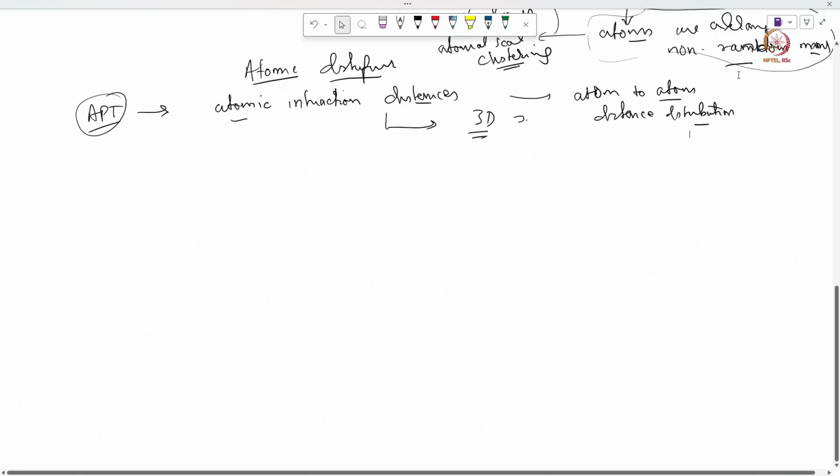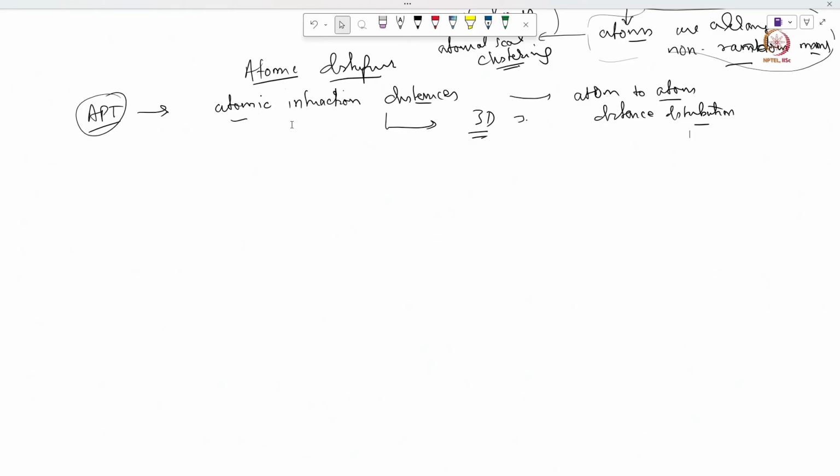Atom to atom distribution. Fine. So with this atomic interaction distances, or atom to atom distance distribution in three dimensions, the first is the nearest neighbor distribution, which we call 1NN, nearest neighbor distribution, 1NND.